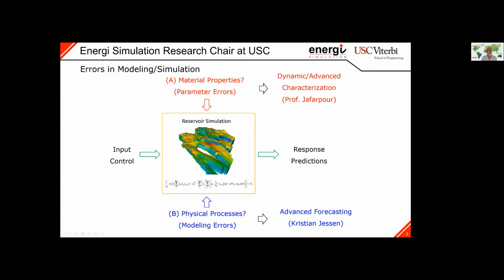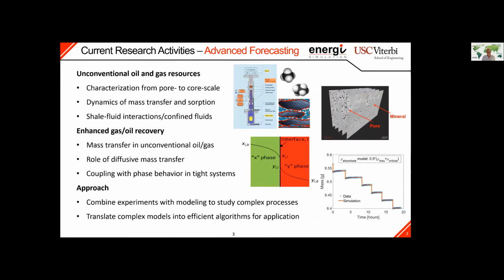Now, a little on the research activities under the advanced forecasting activities. We are working primarily on unconventional oil and gas resources, and we look at things related to how we characterize these materials from core scale to pore scale and so forth.